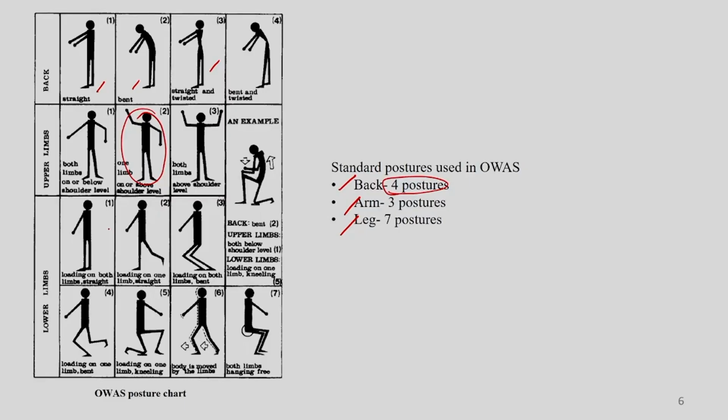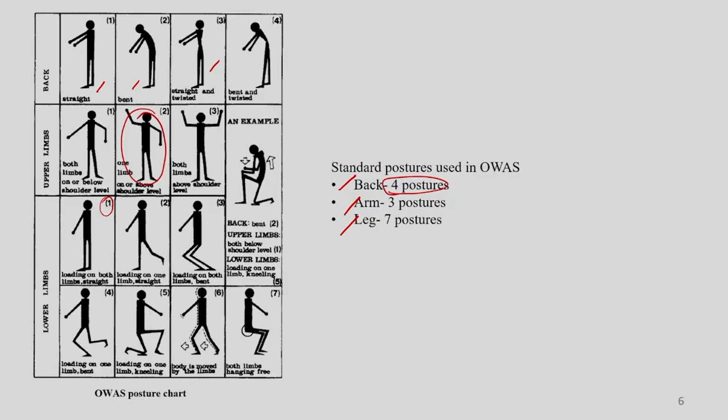So the first, scoring 1, is loading on both limbs straight. You are standing straight, giving equal pressure on both feet, and you are working. Second is loading on one limb, which is straight, while the other is a little bent. That is 2.